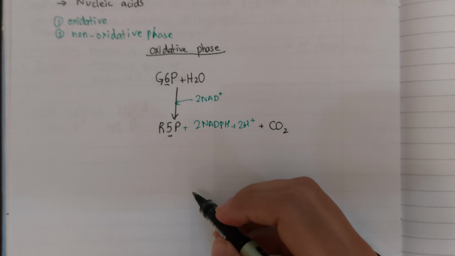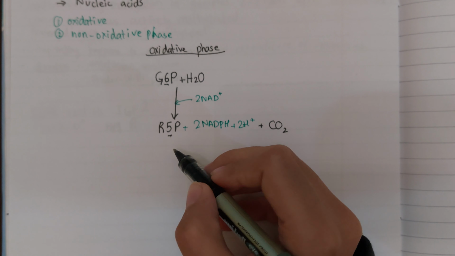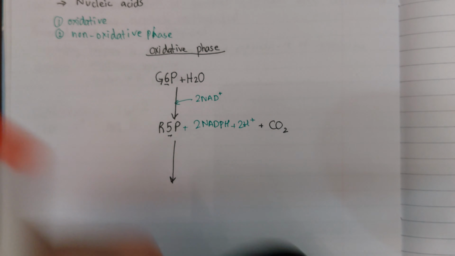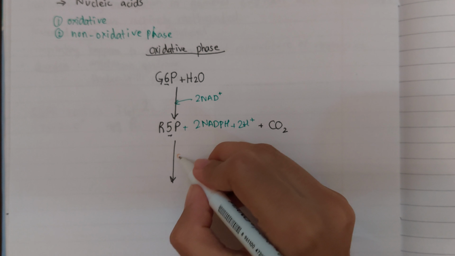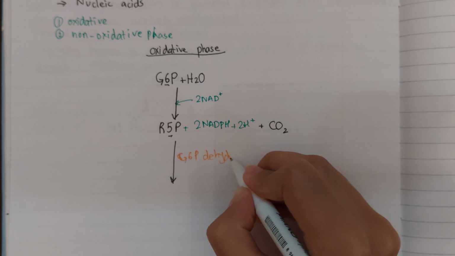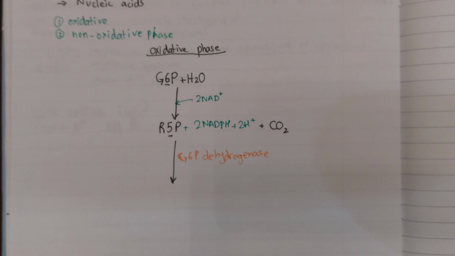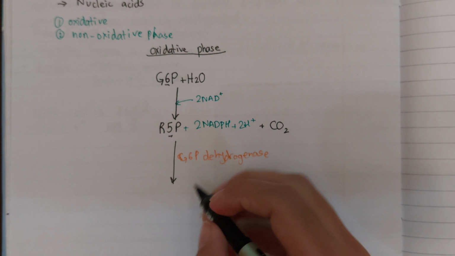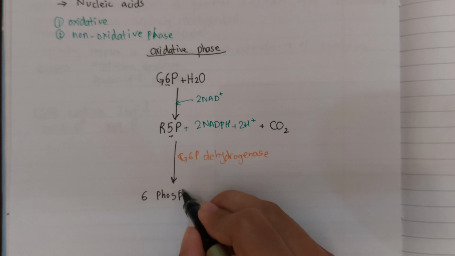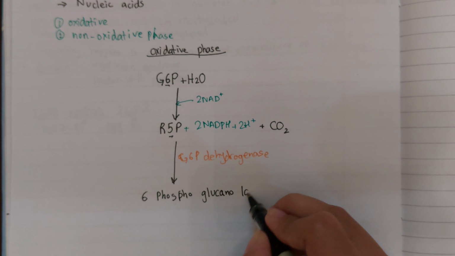What happens next is that this compound uses an enzyme called glucose 6-phosphate dehydrogenase to produce 6-phosphogluconolactone.